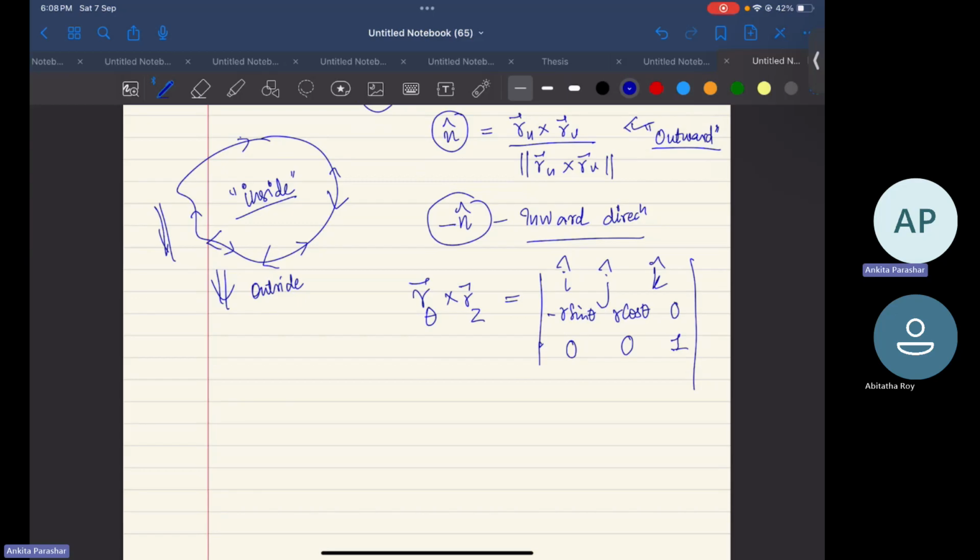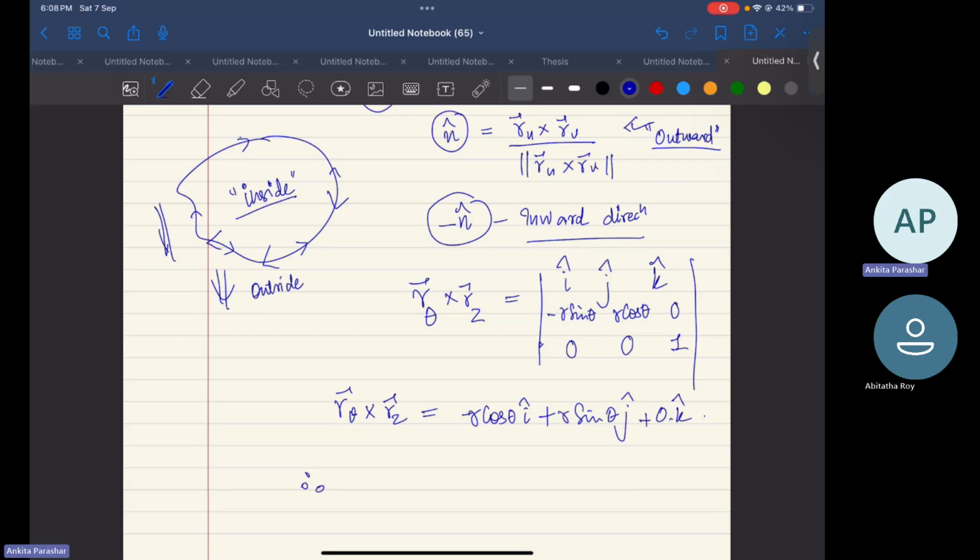All right, so we got r theta cross rz, which is minus, just a minute, r cos theta i cap plus r sin theta j cap. This is enough, right? That's all. And 0 k cap.